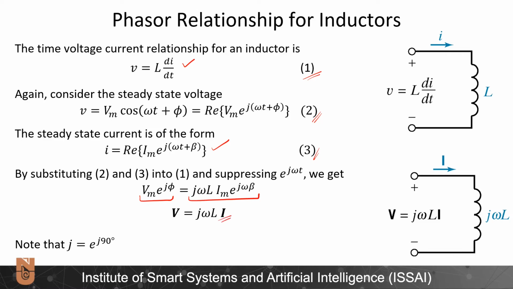Here we can write Im times e to the j beta as the phasor I. Therefore, the phasor V is equal to j times omega L times I. So basically, we have a complex relationship between the voltage phasor and the current phasor, and also we multiply the current with the frequency. So for different frequencies, we will have different types of behaviors.